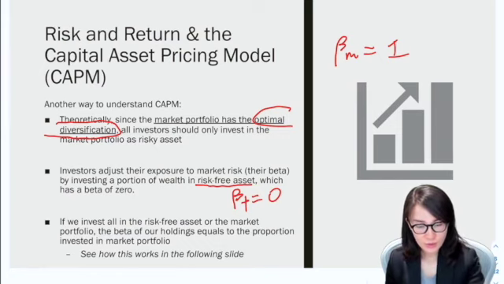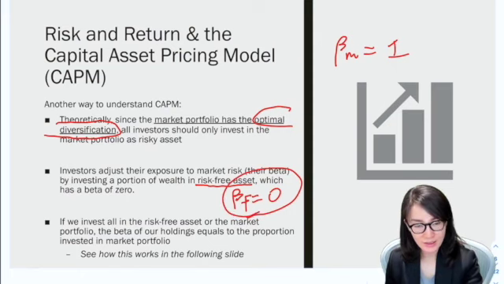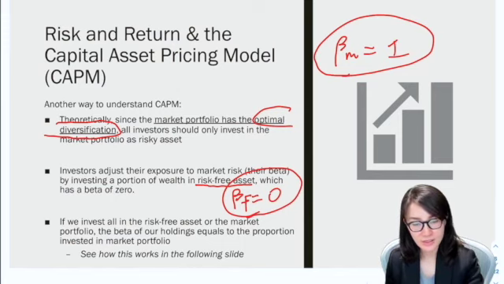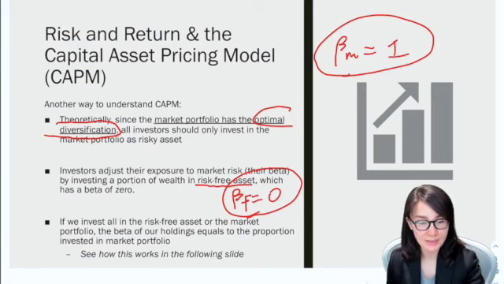And then with one asset having a beta of 0, the other asset having a beta of 1, if we just hold a portfolio of those two assets, we can achieve any beta between 0 and 1. Because remember, the portfolio beta is simply the weighted average of the two assets' betas.